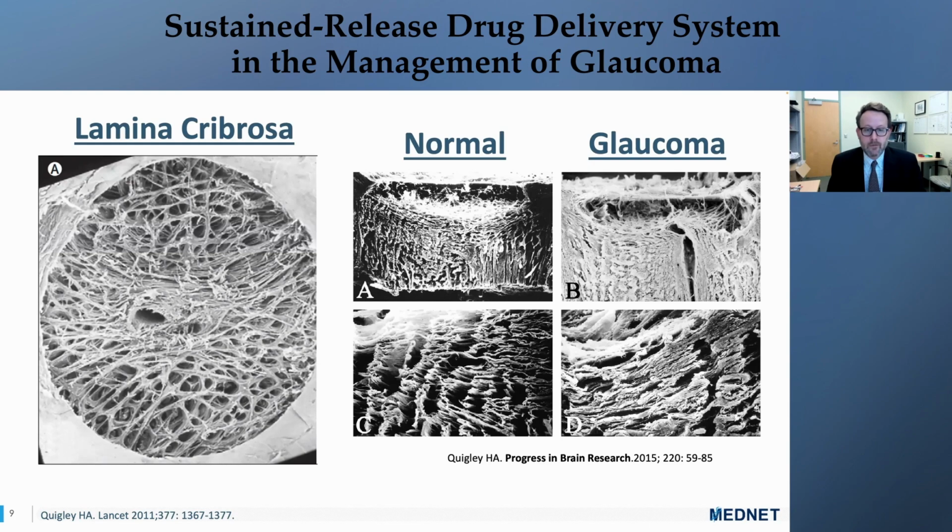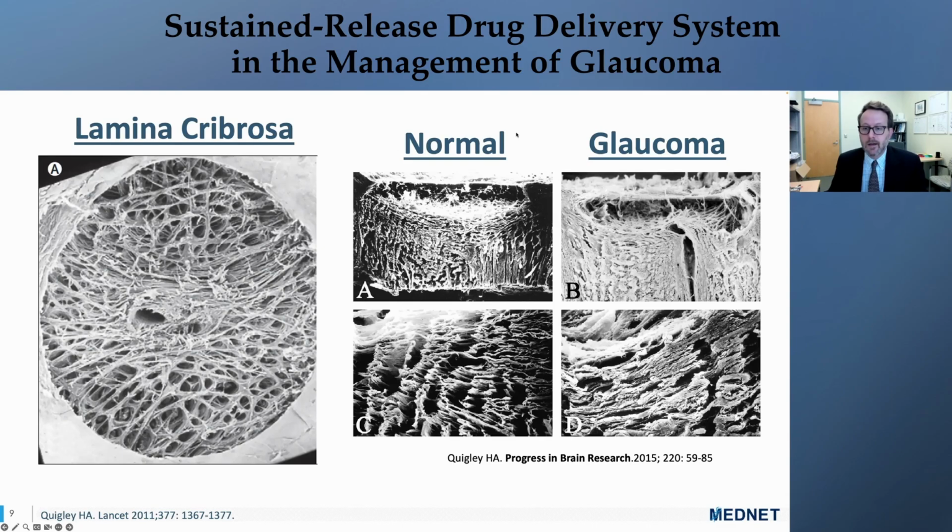Now, in a normal eye, if you look at it in cross-section, you can see that the lamina fibrosa has a very nice, flat kind of structure. It is like a hammock, but it does have some thickness to it. And if you look at it up close, you can see that there's a very fine, very well-defined ultrastructure to this lamina fibrosa. In glaucomatous eyes, you have excavation.